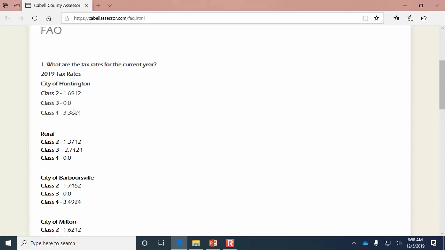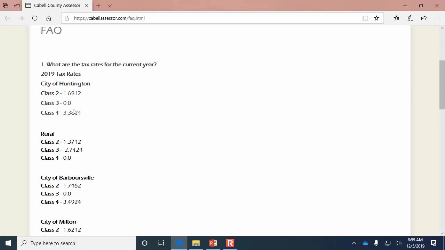We have still the same assessed value, but the tax rate changes. So now we're multiplying it by 3.3892, which means that the tax should be $4,067.04. That's a pretty big increase from less than $2,000 to more than $4,000.